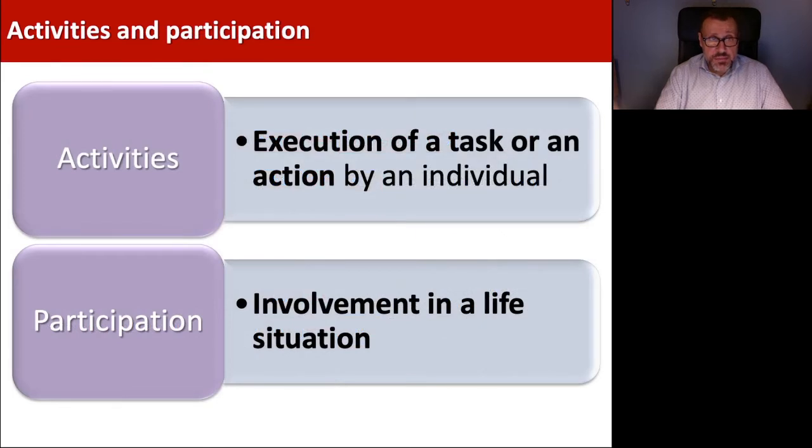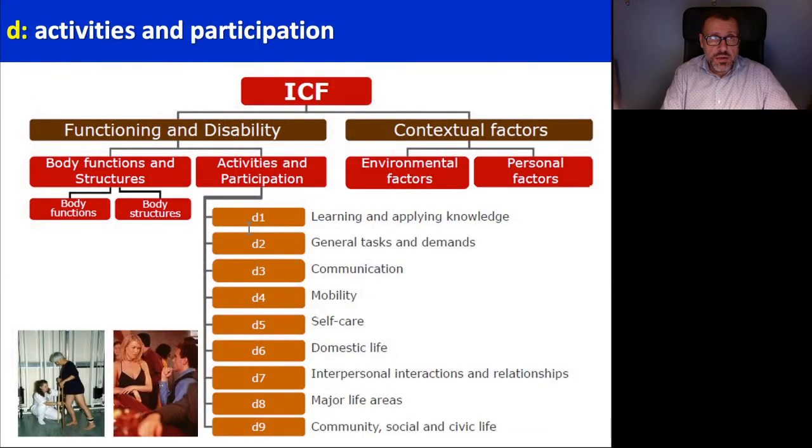Regarding activities and participation, we may remember that activity is the execution of a task or an action by an individual, whereas participation is the involvement in a life situation. So activities and participation within the ICF are indicated by the letter D, which stands, maybe in the original version, for disability.